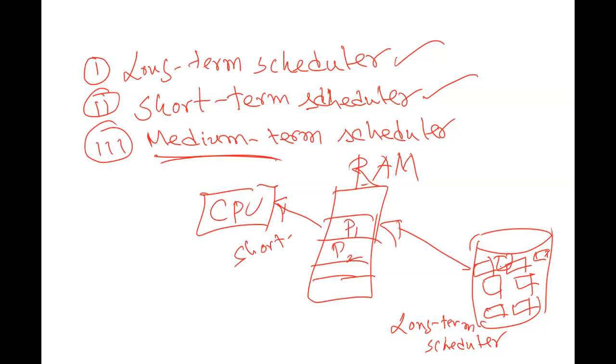And next is the medium-term scheduler. It means that when you create a new process, and there is no space inside the memory, but you create one process, let's say P5, and its priority is higher than all of these processes, in that case one process needs to be written back to the disk to give space for process P5.